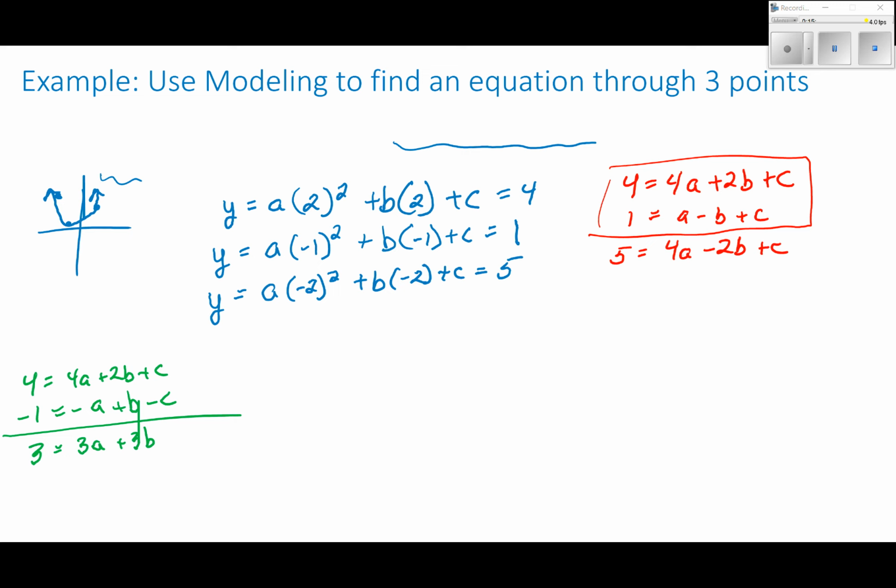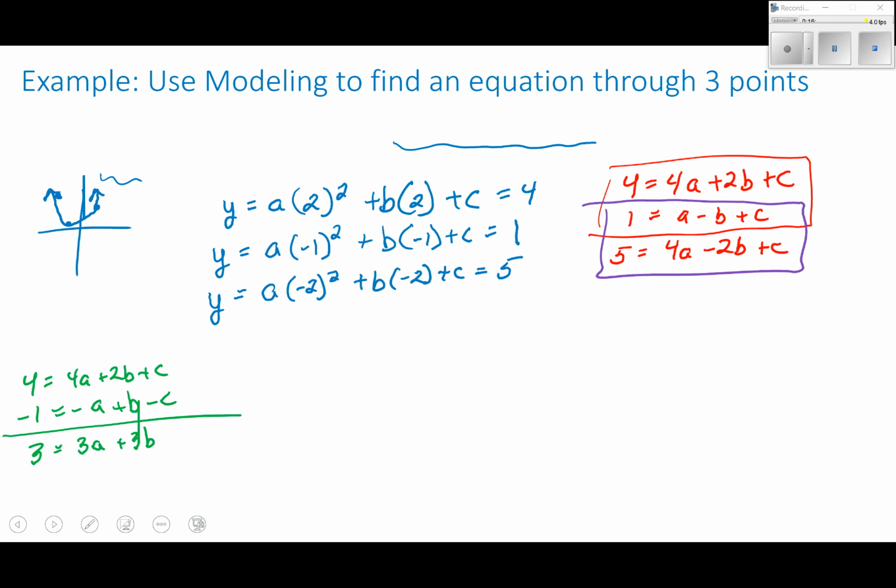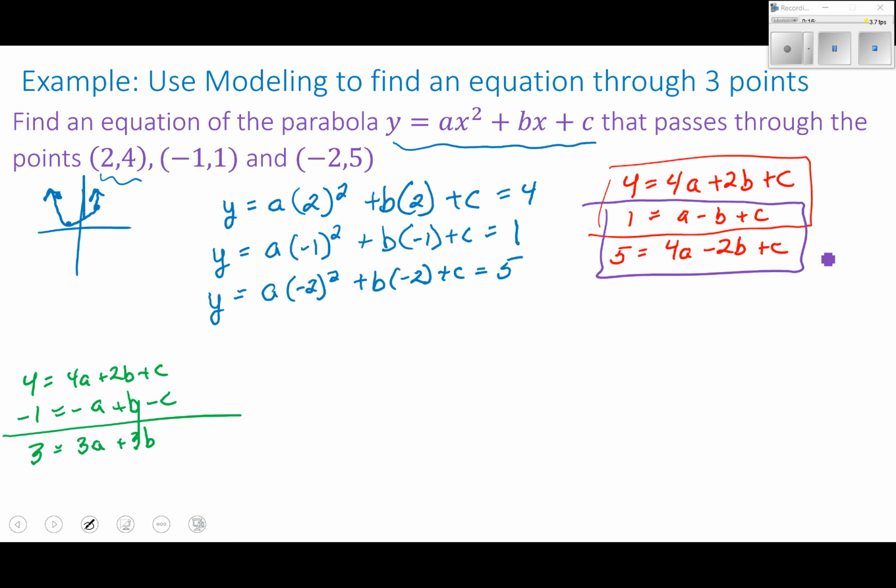Now let's see what we can do to eliminate with the second and third equations. Again, c is that lone variable out there. I just need to make it negative. So let's multiply the second one by -1.